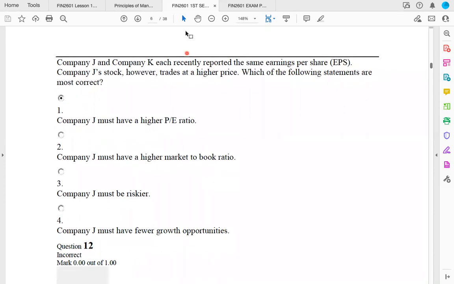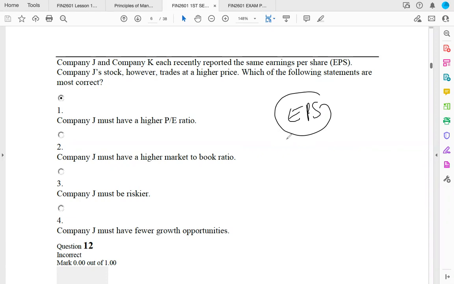So in other words, these two have the same earnings per share. So in other words, shareholders are getting the same profit. Each shareholder in each company is sort of getting the same earnings per share, right? The company is able to generate the same profit per share.